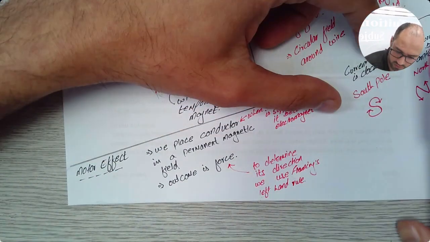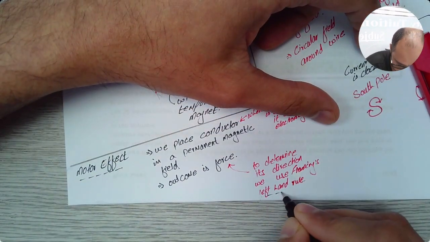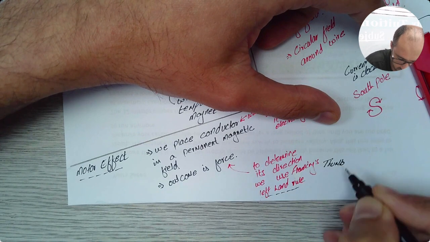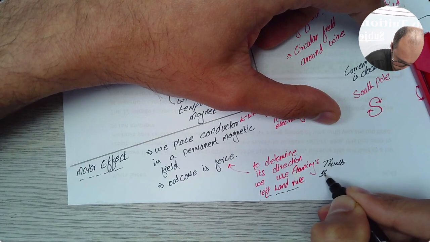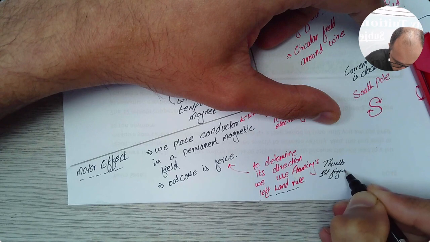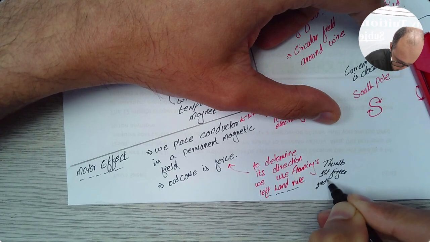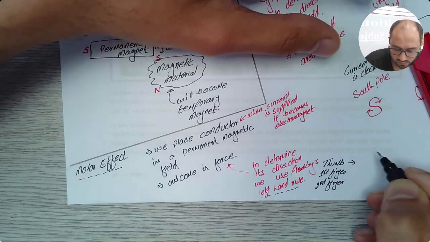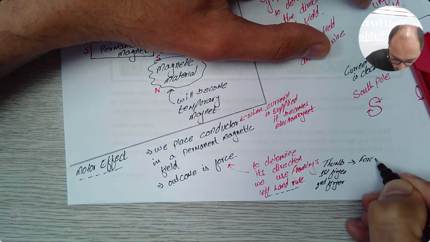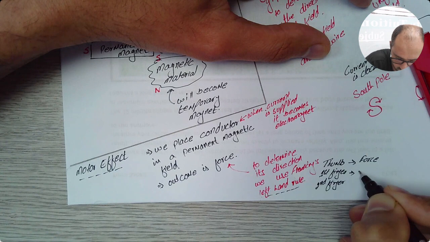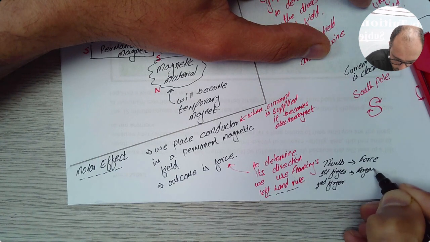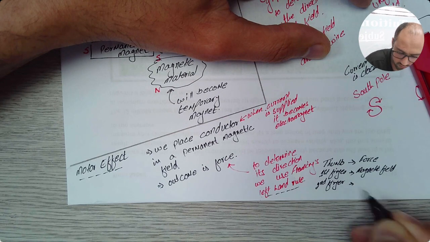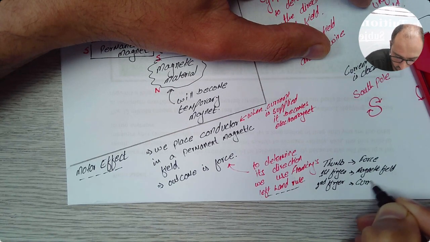So when it comes to Fleming's left-hand rule, we have the thumb, we've got the first finger, and we've got the second finger. Thumb is for the force, first finger is for magnetic field, and the second finger is for the current.